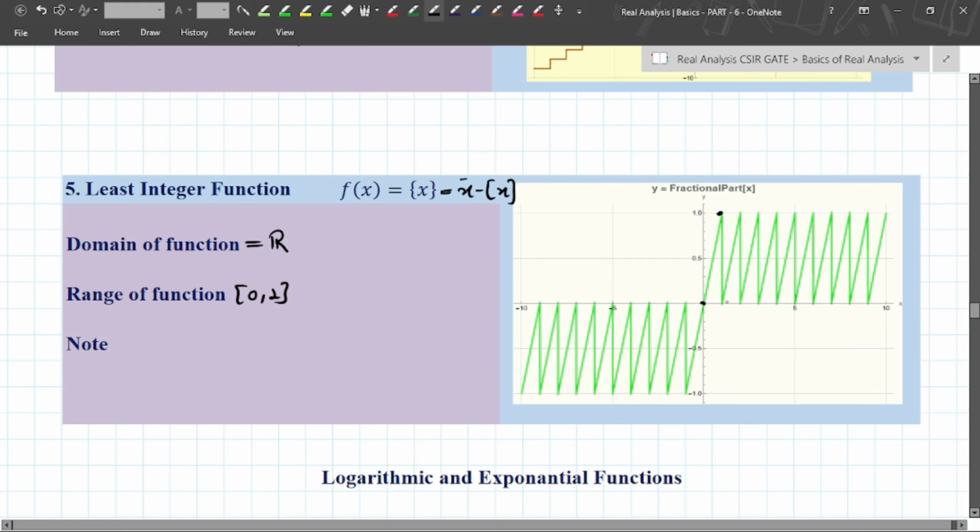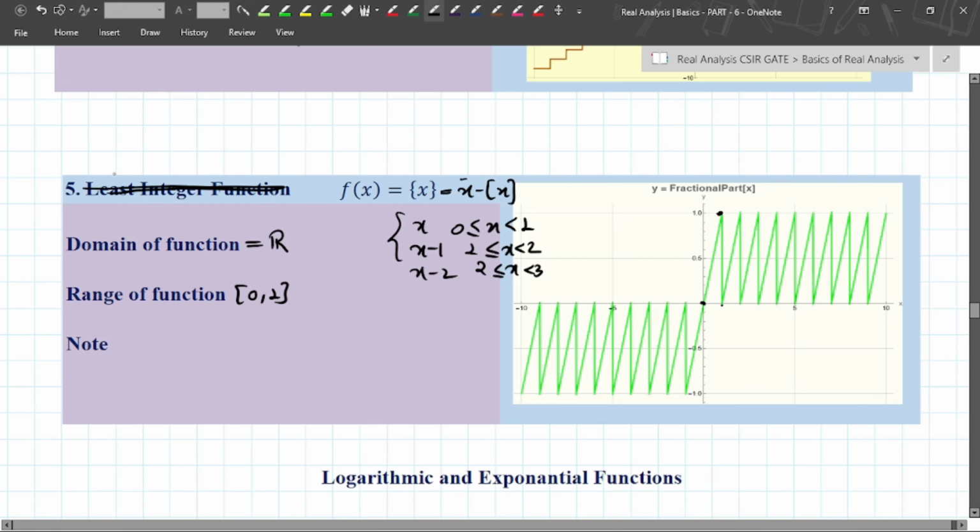Whenever it goes to 1, it will again come to 0. It means that it is defined like this: x for only 0 to 1, x minus 1 for 1 to 2, and x minus 2 for 2 to 3. Wait, it is not the integer function.